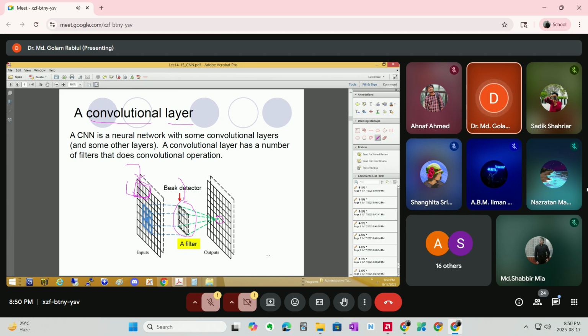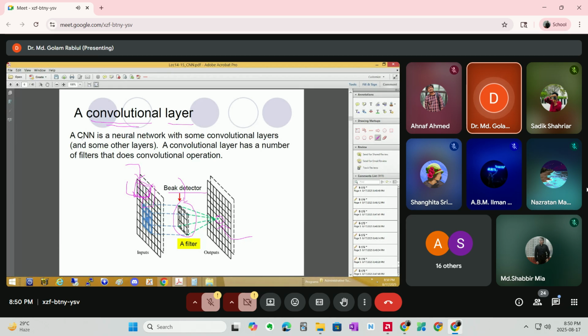This value is actually the feature, the feature for the beak, for the eye, for the wings. So this is the beak detector. It will try to find out the feature for the beak across the whole image, and for that it will shift its position and again apply the convolution operation.